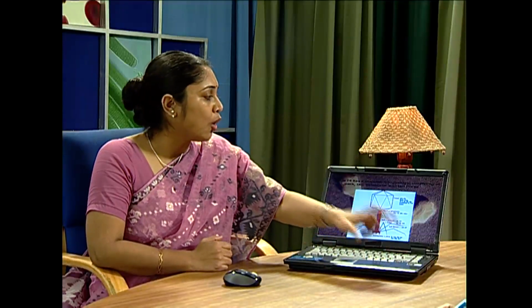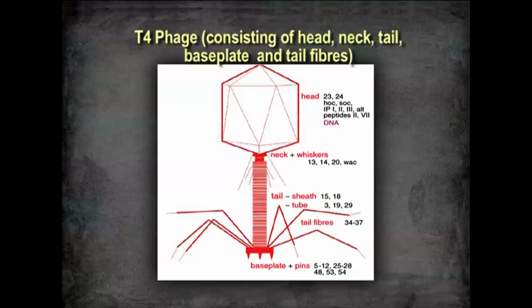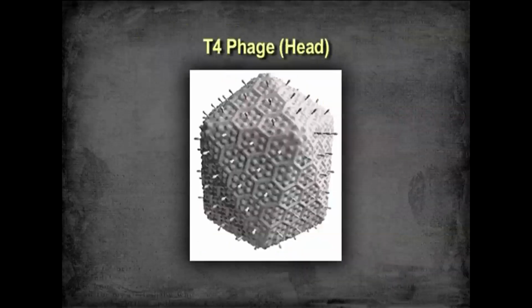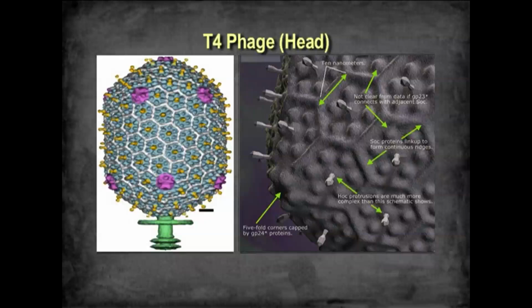T4 has a very complex structure and morphology, and it consists of a head, neck, tail, tail fibers, and a base plate. The shape of the head is an icosahedron. Icosahedron means it has 12 vertices and 20 faces, and multiple copies of 24 different proteins form this head. 16 of them are involved in the prohead formation, where 5 are responsible for DNA packaging inside the cell.